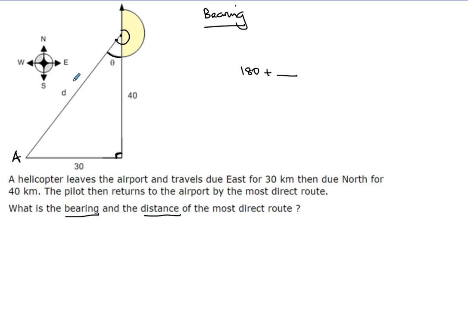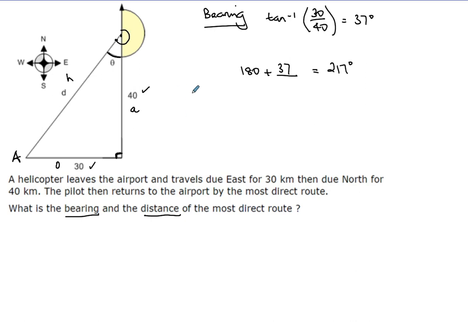So the side opposite your right angle is H, that is your O, and that's your A. So we're going to use the O and the A, which is tan. So we go tan of what angle is 30 divided by 40, and we get 37 degrees. And then we stick it in there, and you get 217. And you can tell it looks reasonable because it's between 180 and 270.